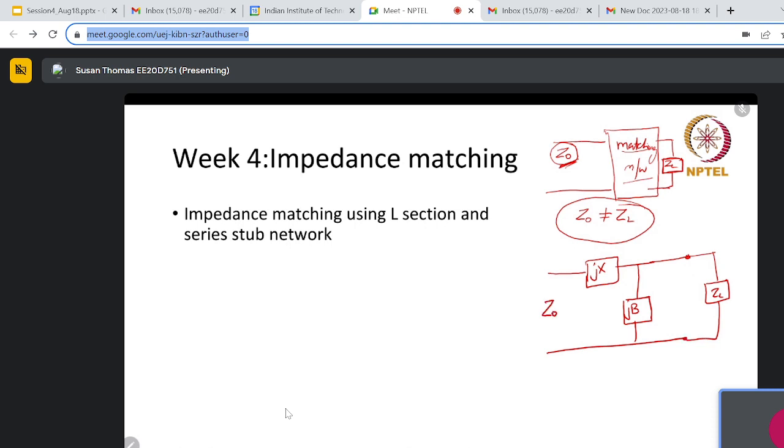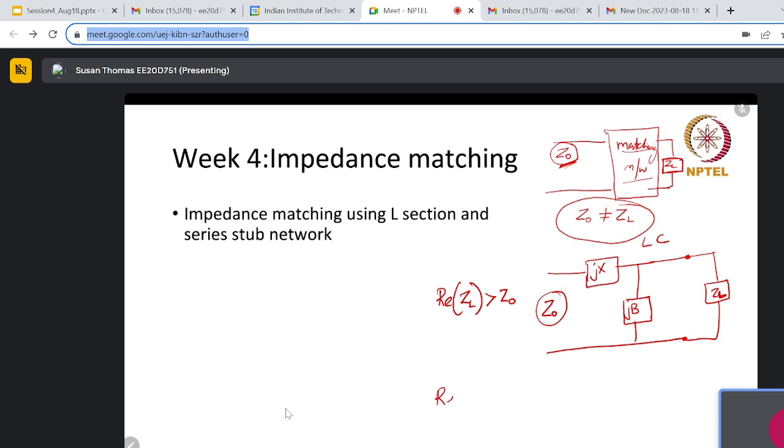This kind of L section could be used when the real part of ZL is greater than Z naught. You know what the real part of ZL is: if it is a complex impedance, take the real part of that. If that real part is greater than Z naught, you can use this kind of LC section network.